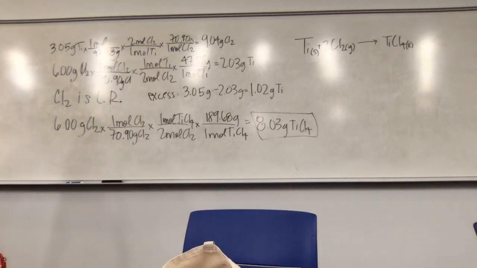How much chlorine gas is left? None. If it is the limiting reactant, it's all gone. It's like a tray of cookies where the good cookies are gone. They are fully eaten. What questions do we have?